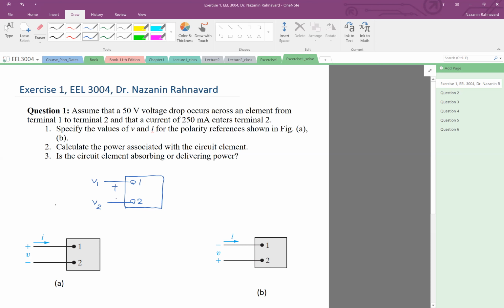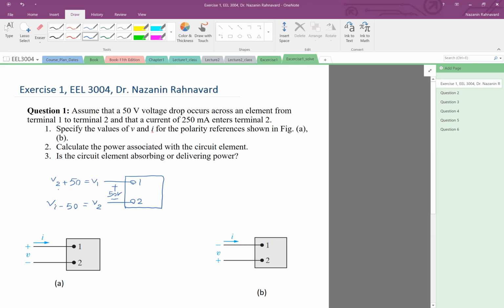For example, put a 50 volt here, meaning that V1 is V2 plus 50. Whatever V2 is, this is 50 volt higher, or vice versa. Whatever V1 is, because there was a drop, V2 is V1 minus 50.